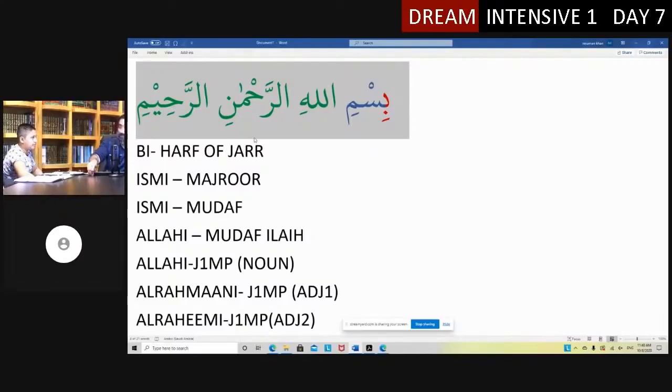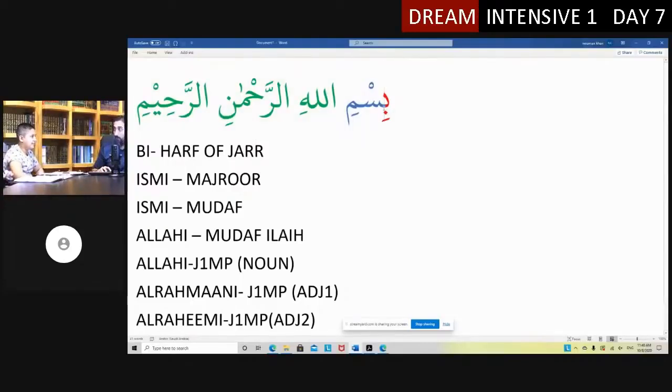So the word Allahi becomes the mudaf ilayh. The word bi means with, by, or in. Between the mudaf and mudaf ilayh we put the word of. So it becomes in the name of Allah.